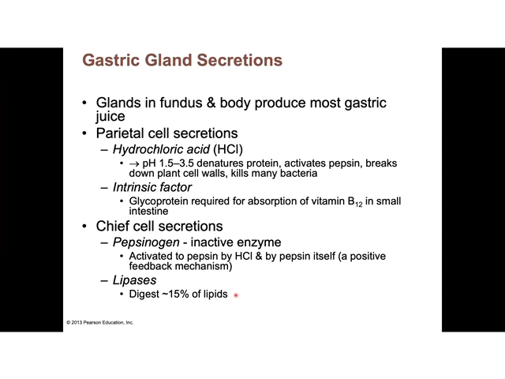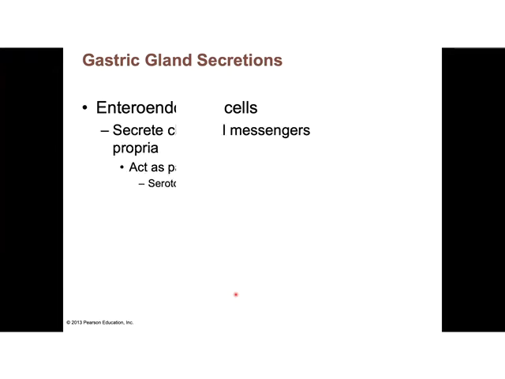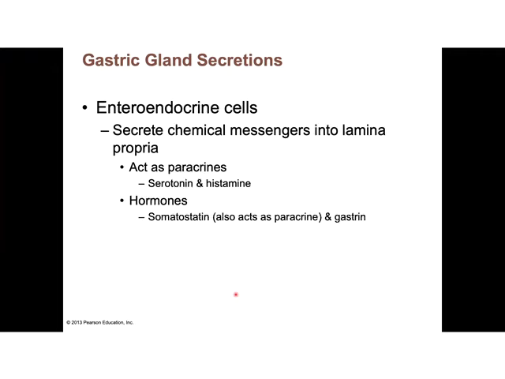Okay? The enteroendocrine cells are going to act as paracrines. They generate serotonin and histamine, as well as somatostatin and gastrin. Okay, gastrin is the big player in determining the amount of churning and the amount of secretion that the stomach does. Okay.